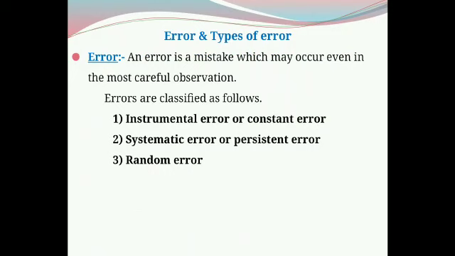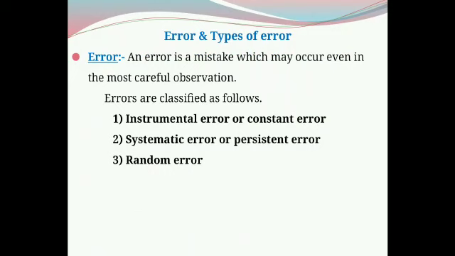A fault in the instrument may be because of faulty construction or faulty calibration. Second is systematic error. The error caused due to defective setting of the instrument, defective adjustment, or unsystematicness of the performer is called systematic error.